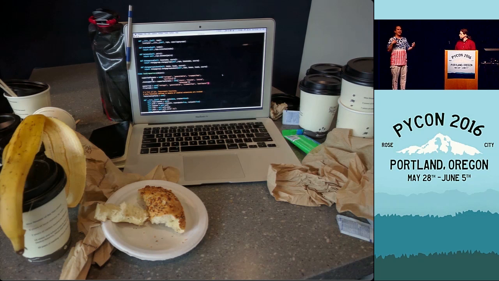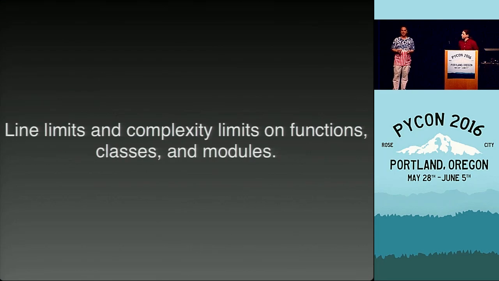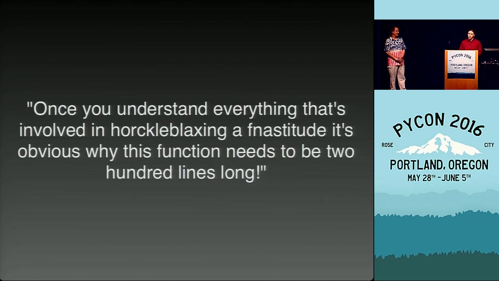Perhaps you do too. And what if you had signed up earlier for some restriction on yourself, knowing that your judgment would be compromised later? This is where things like enforced line limits and complexity limits really help, because the longer you've spent understanding a subject and authoring the code that solves the problem, the more obvious the whole thing is, until you've got this 1,000-line or 200-line long function, and anytime somebody asks you to split it up, you respond in some way like this: oh, if you actually understood the problem, I promise there's no way it could be made any simpler.